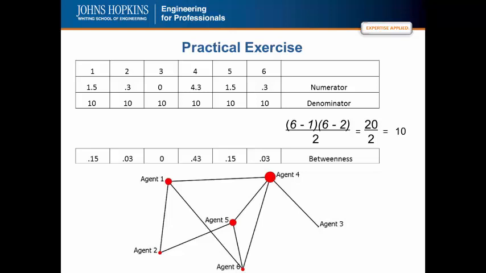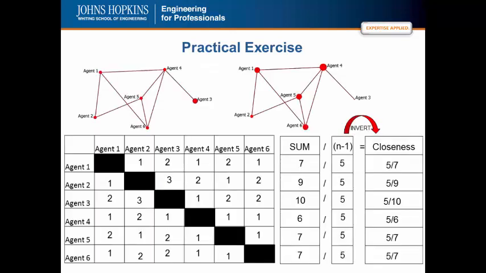We will now move on to closeness centrality. For closeness centrality, note that this is not an adjacency matrix. An adjacency matrix would only have ones and zeros. This is a distance matrix, which enumerates the number of steps required to get from one agent to another in the network.